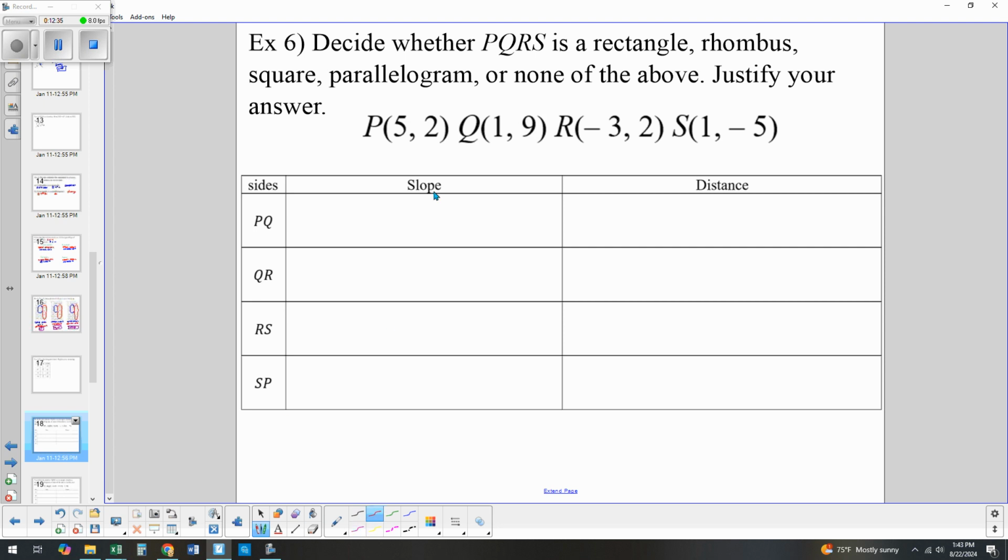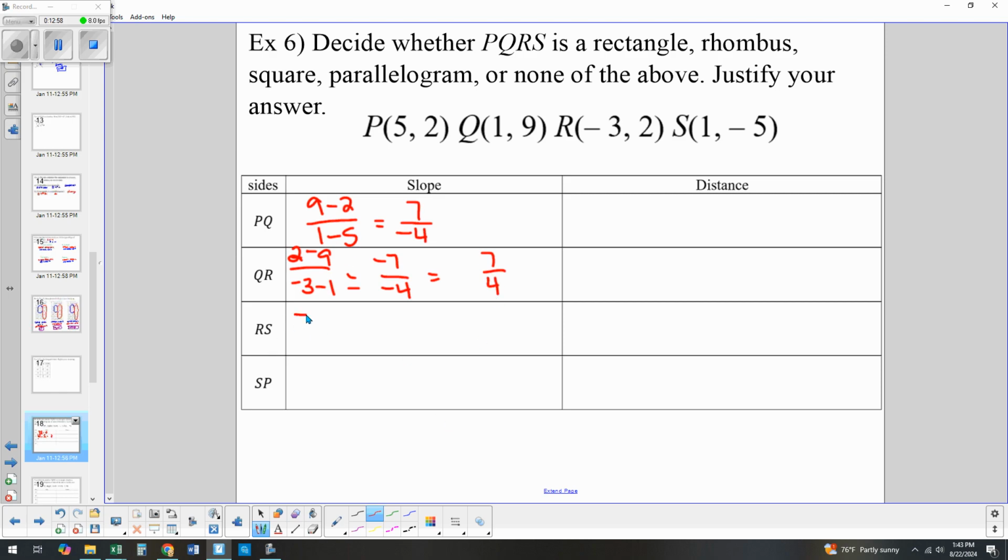So let's start with our slopes. We're going to do 9 minus 2 over 1 minus 5, 7 over -4. QR, we're going to do 2 minus 9 and -3 minus 1. So we get 7/4.